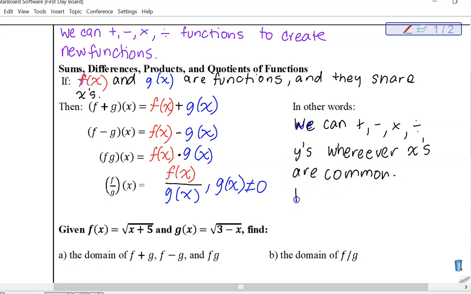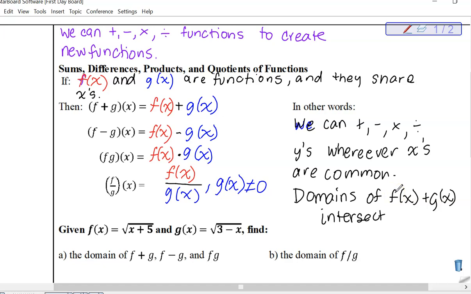Or in other words, where the domains of f of x and g of x intersect. I can add their y's if they overlap in their x's.